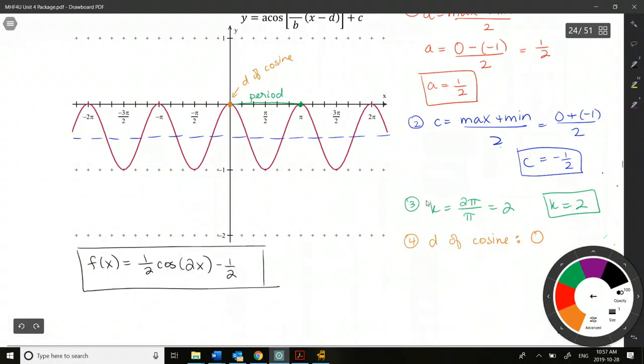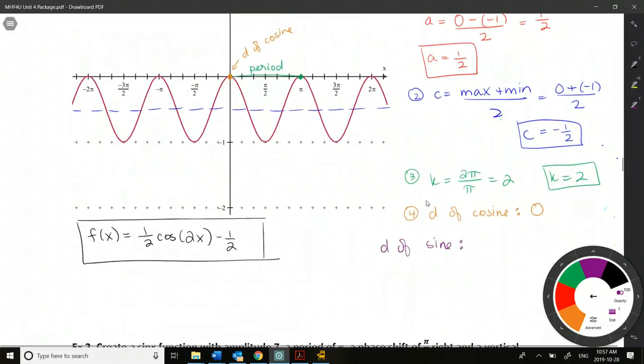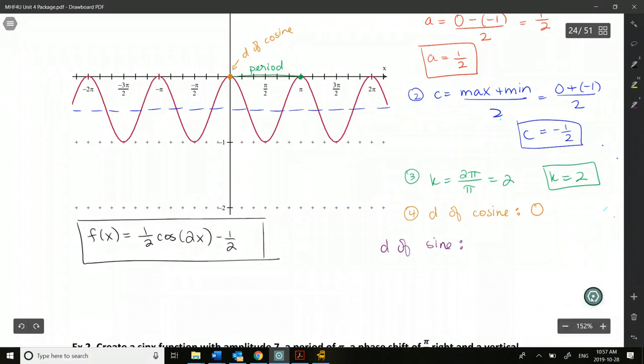Okay, for sine, the d of sine, there's a little trick that I'm going to show you guys for the d of sine. You can use this little trick if you're switching from a cosine equation to a sine equation, or if you have a sine equation and you want to make it a cosine equation. It's very similar to what we talked about last year.